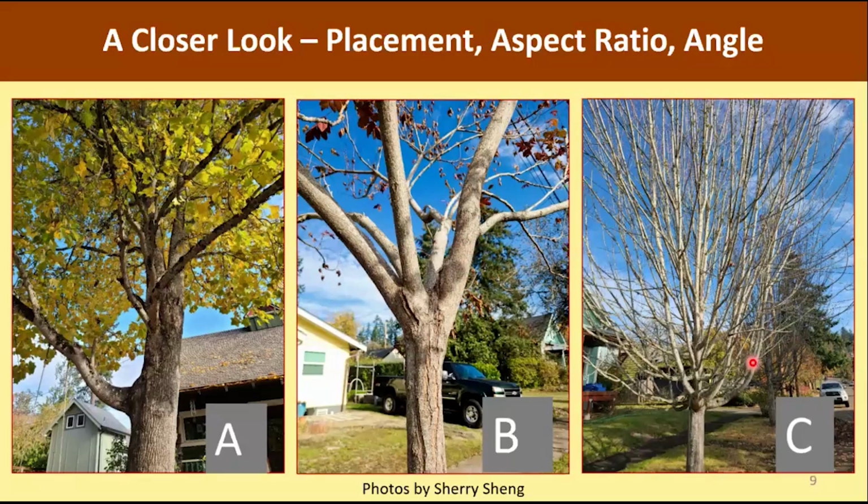Finally, let's look at C. Branch placement, good 360-degree coverage. How about the vertical distance? They're kind of close together, but not too bad. The angles are good down below. There may be some issues with angles higher up. And the aspect ratio, again, good: small branches connected to the bigger trunk. Higher up, there may be a problem with the aspect ratio.